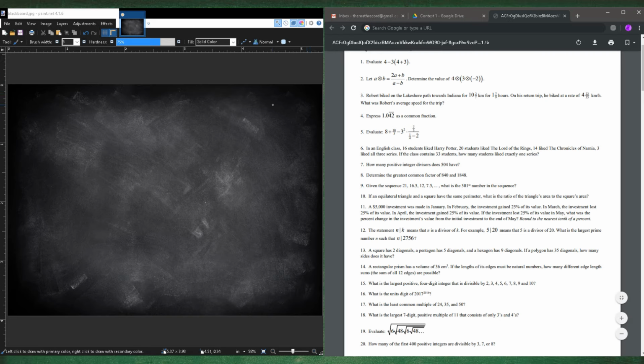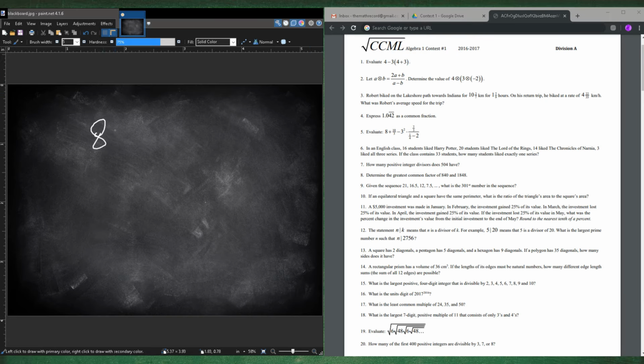Evaluate 8 plus, it might be really hard to see, so I'll write it out. 8 plus 10 over 3 minus 3 over 2, 3 to the power of 2 times 7 over 3 divided by 1/4 minus 2. Since you're given a calculator, just put this in your calculator. There's basically no point.